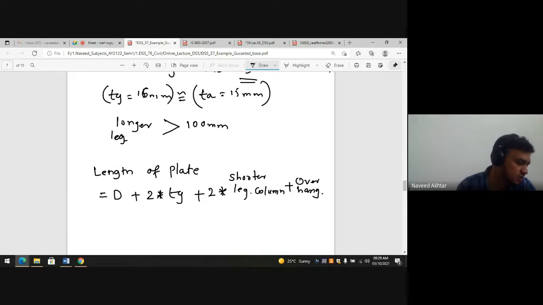Overhang should not be much larger, and you can decide it later when deciding the plate. So I am taking only this part now.